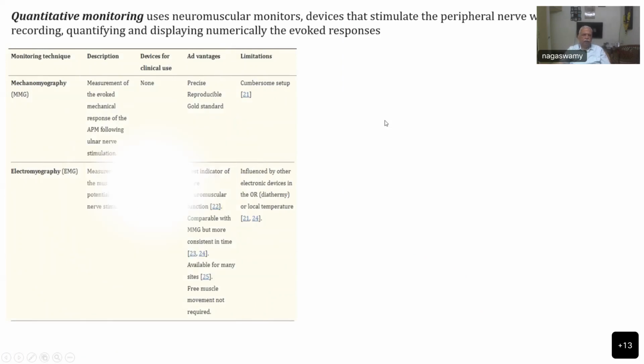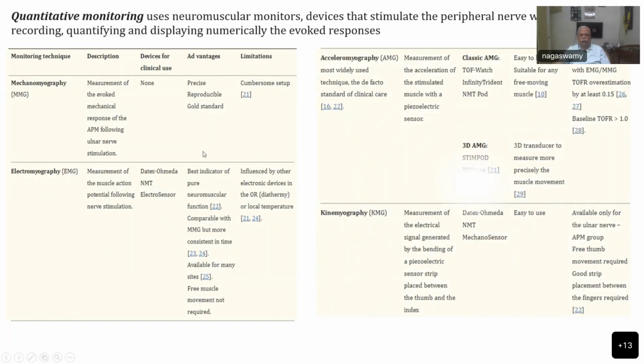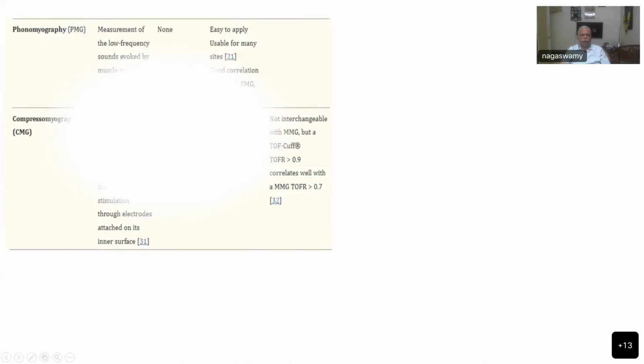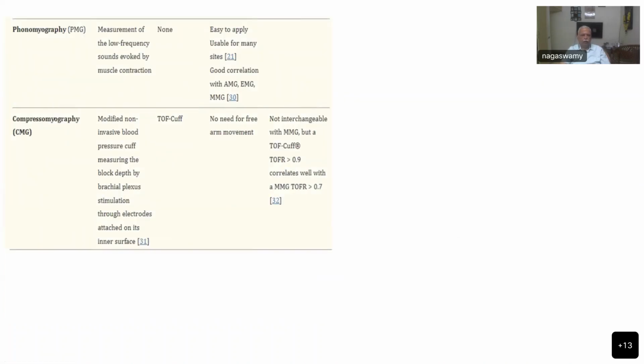For that, you have all these monitoring techniques called mechanomyograph, electromyograph, acceleromyograph, kinomyograph, and lastly the phonomyograph and compressomyography. There are six in total. These are the various methods or instruments that are used. Some of them are used for regular intraoperative monitoring, some more for research purposes.